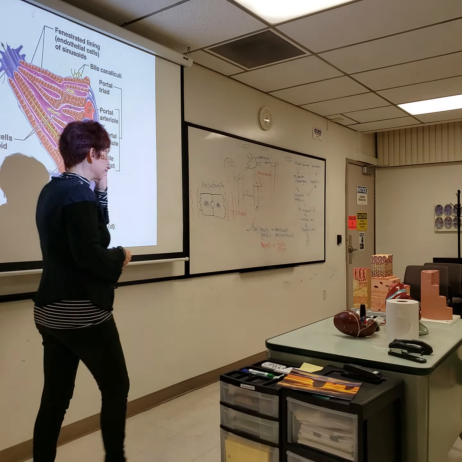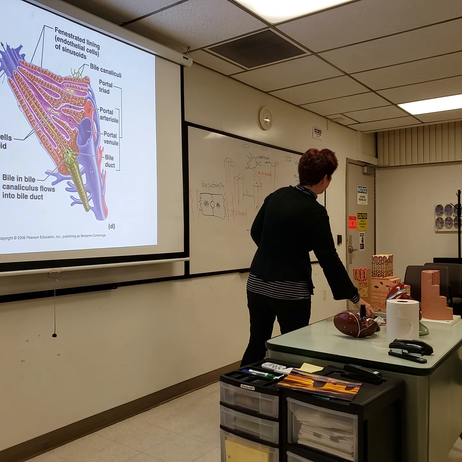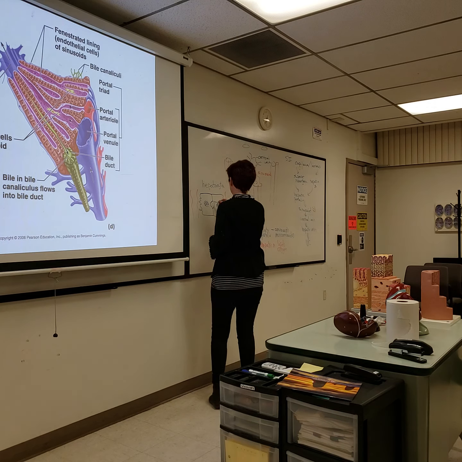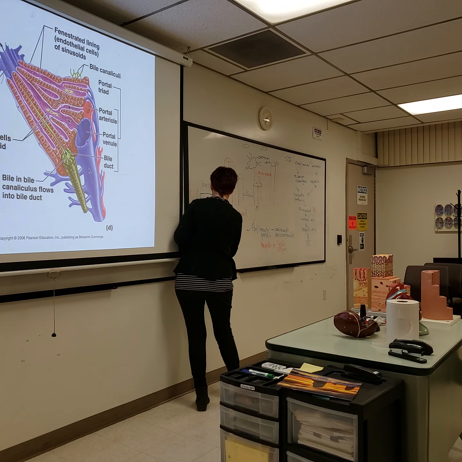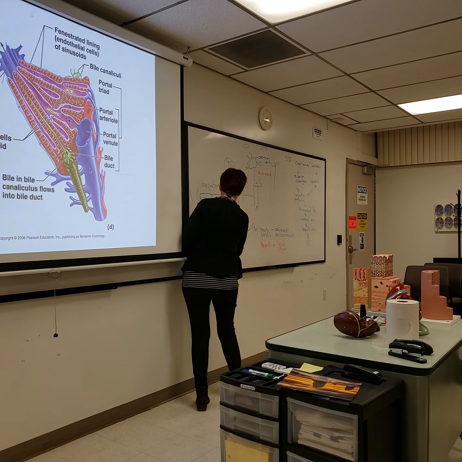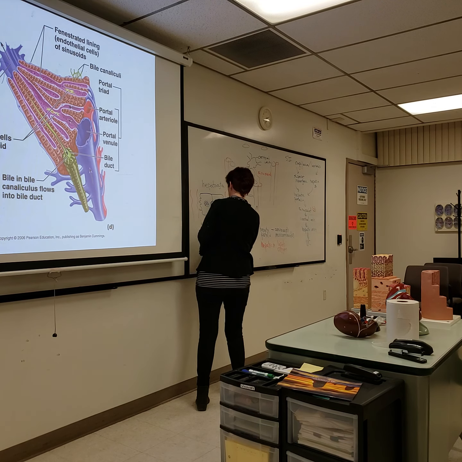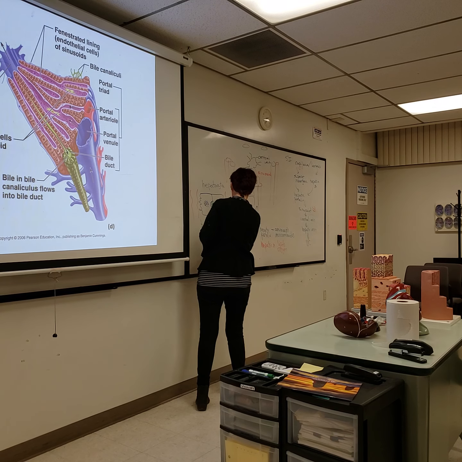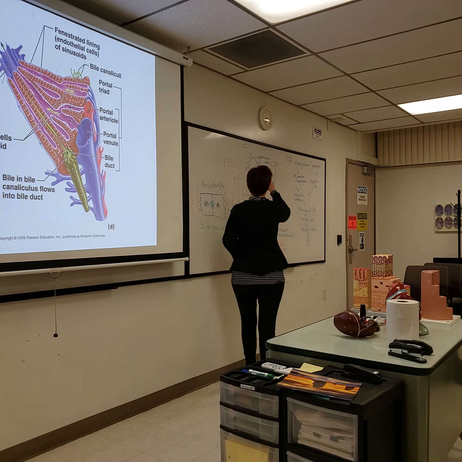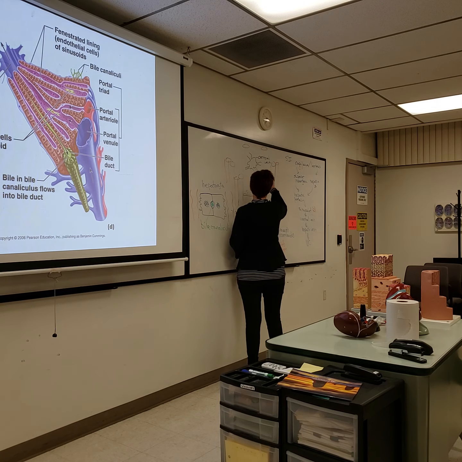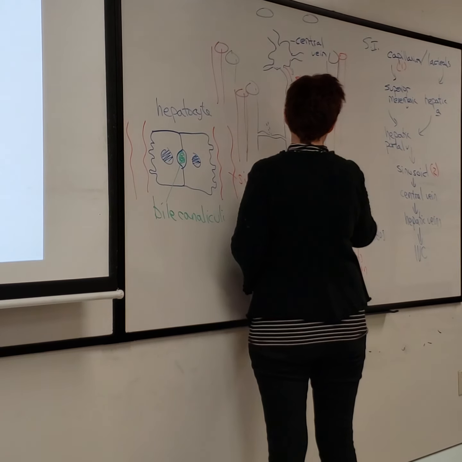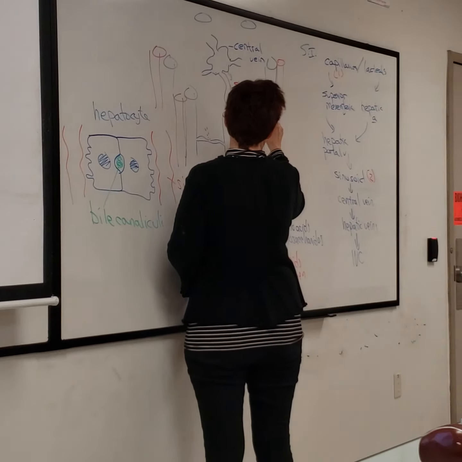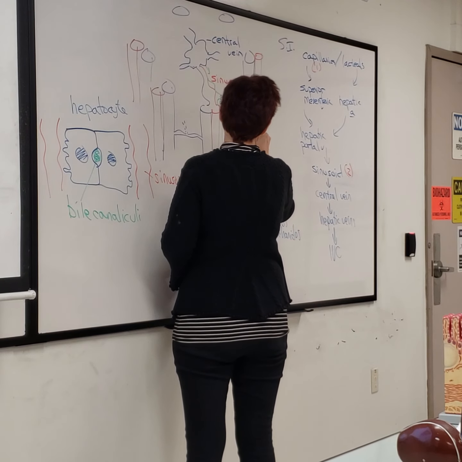So the hepatocyte is going to dump, and because we generally see bile as green, hepatocytes are going to, from their basement membrane, and we'll look at the role of bile salts on Wednesday. And the bile canaliculi flow in the opposite direction to empty into bile ducts.